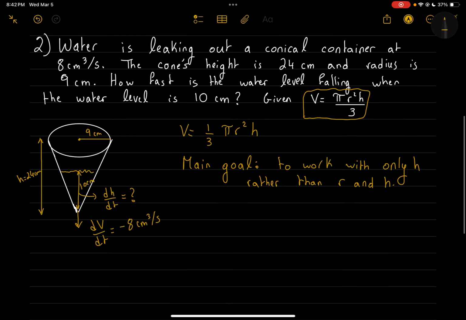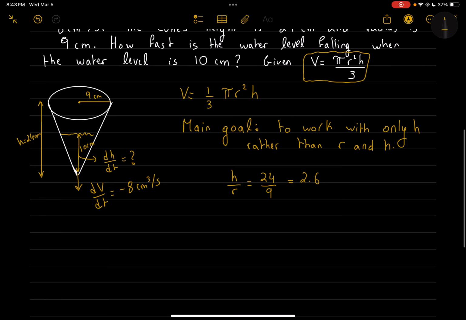How are we going to do that? If you look closely, there is a relationship between the height and the radius, and it's literally right over here. So we know that the height over the radius is going to be 24 over 9. And 24 divided by 9 is almost 2.6, so we're just going to write 2.6 over here.